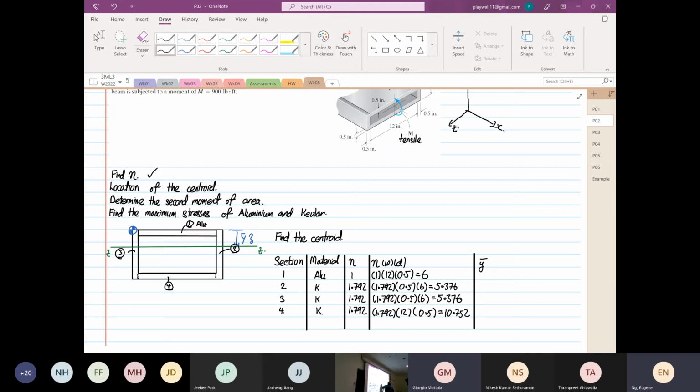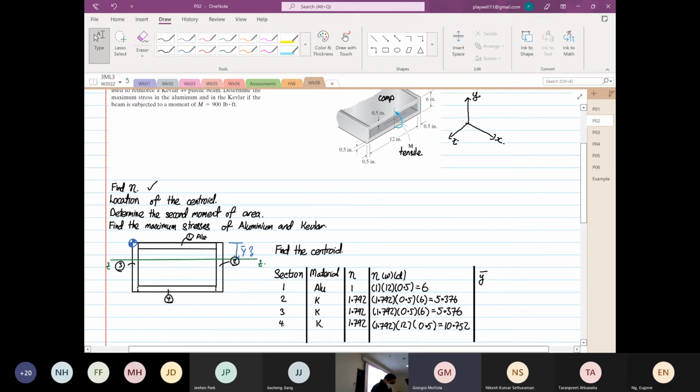Right, but didn't you divide it? So the whole... I don't see why it should be 11. So for 2 and 3, it's 6.